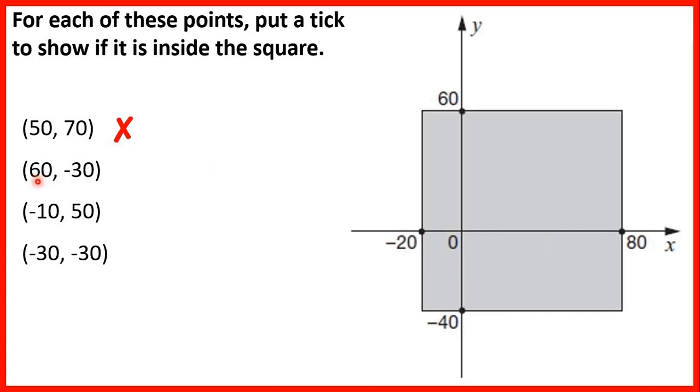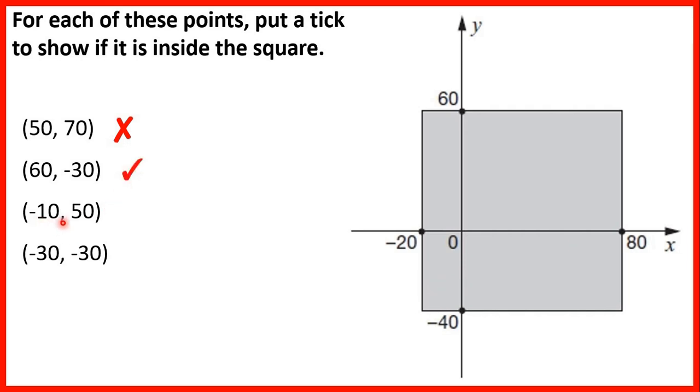Now we have 60, minus 30. So an x-coordinate of 60 will be at about this point here, and a y-coordinate of minus 30, if this is 0 and this minus 40, minus 30 will be about here. So we can imagine that those points will cross at about this point, so the point will be inside the square.